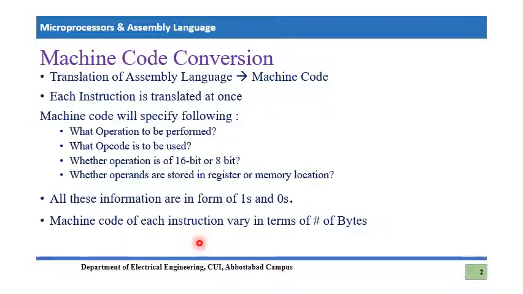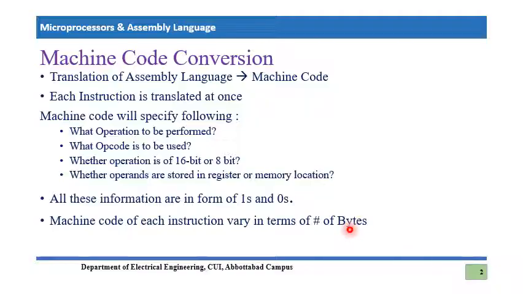Machine code of each instruction varies in terms of number of bytes. We also experienced this while doing some examples of addressing modes. Some instructions were just a combination of 2 bytes, while some were made up of more than 2 bytes. Some instructions involved 3 bytes, even 4 bytes.